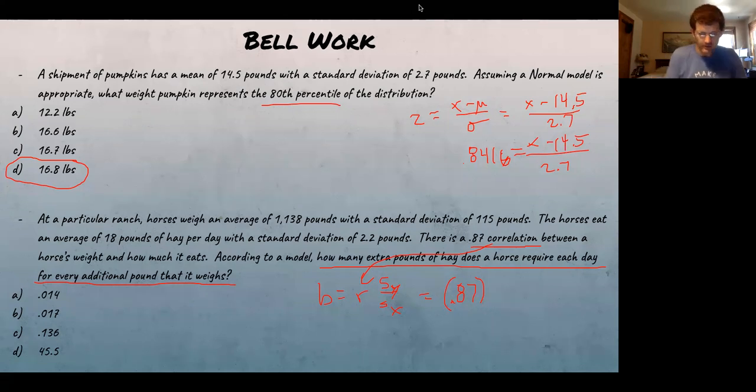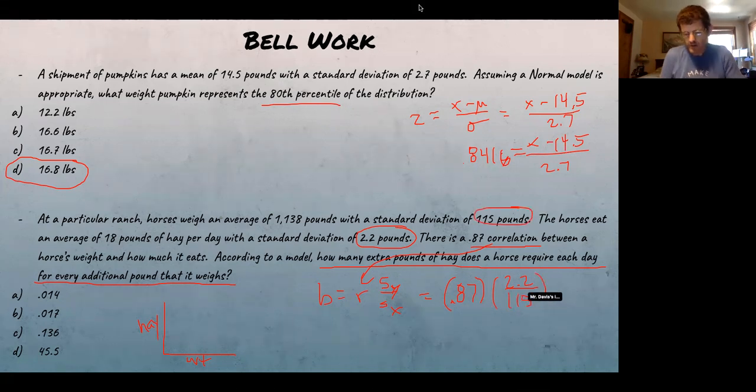So if I'm thinking of this as a scatter plot, weight will go down here and hay would be right here. So my y is going to be hay, which has a standard deviation of 2.2, and that means the x is my weight of the horse, which is 115 standard deviation.